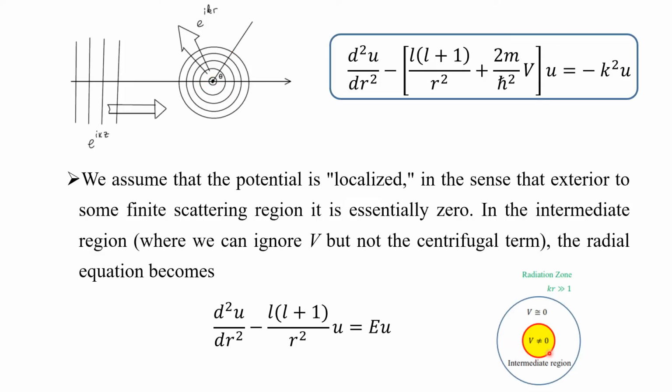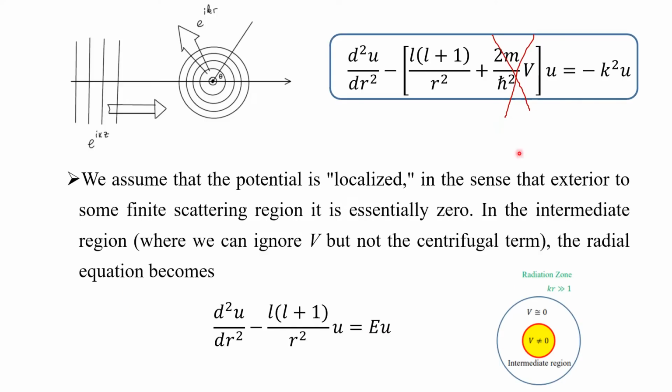At the intermediate stage, as well as at the boundary, the third term will become zero because the potential is zero at the intermediate stage. So the Schrodinger wave equation will become d²u/dr² minus l(l+1)/r² u equals Eu.